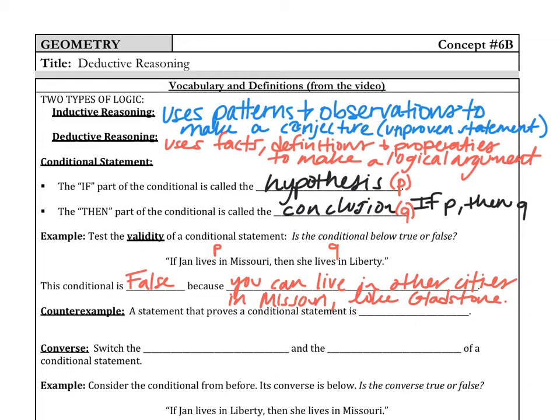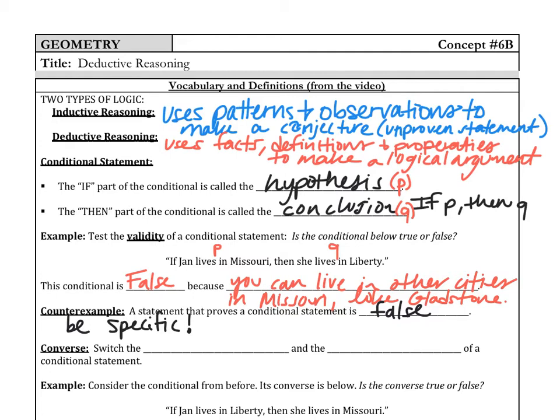So that's a counterexample because I told you, okay, this is false because I can find a time when it's false. If Jan lives in Gladstone, then she still lives in Missouri. So a counterexample is a statement that proves a conditional statement is false. And it needs to be very specific. So tell me a specific time when it's false, like you can live in Gladstone and live in Missouri.